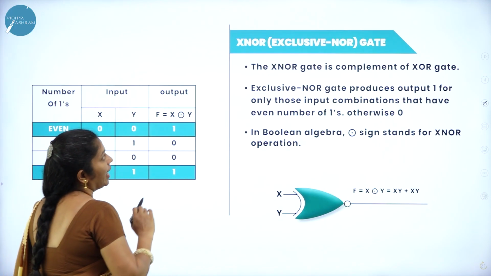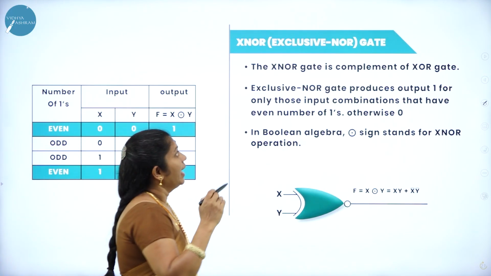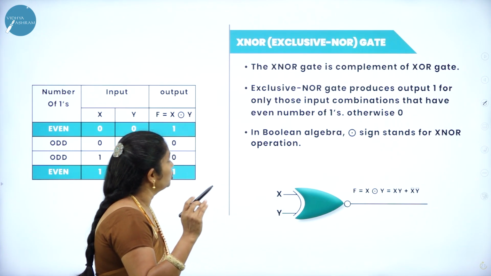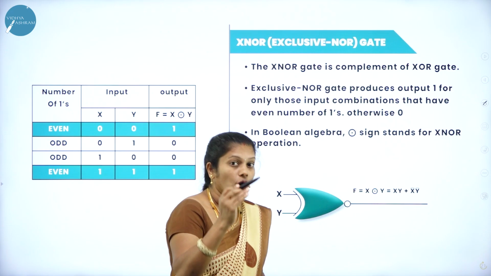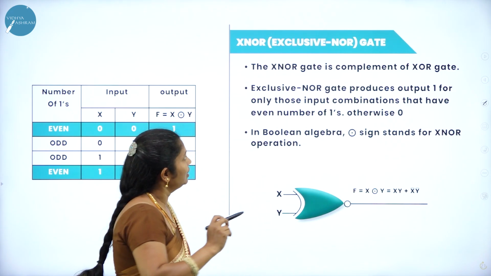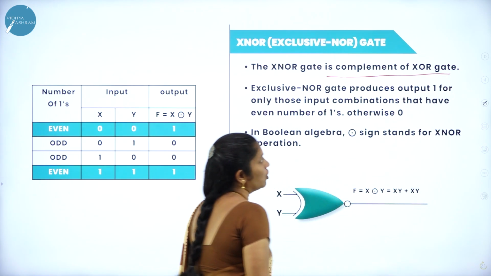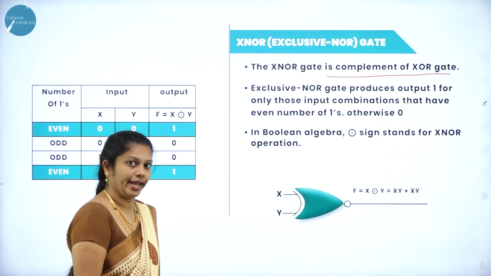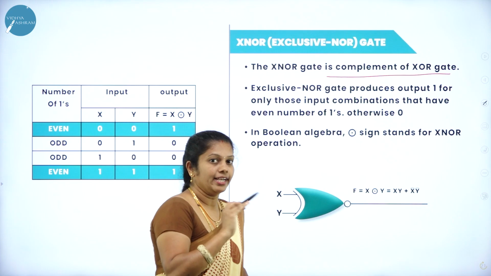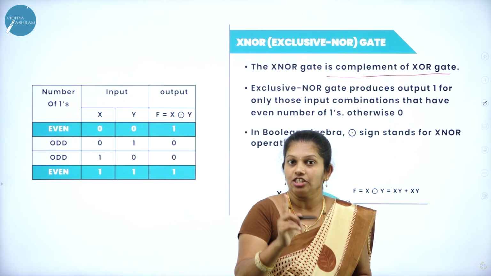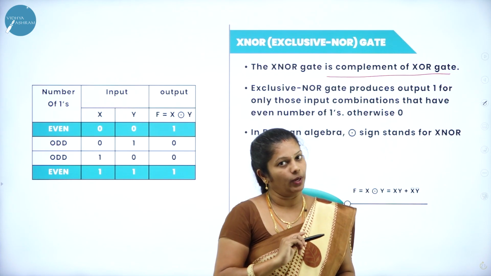The next one is the X NOR gate, the exclusive NOR gate. It is a combination of X, NOR, OR gate. Here the exclusive NOR gate is the complement of the exclusive OR gate. In the exclusive OR gate, we count how many times 1 is there. If it is an odd number of times, then we'll write 1.